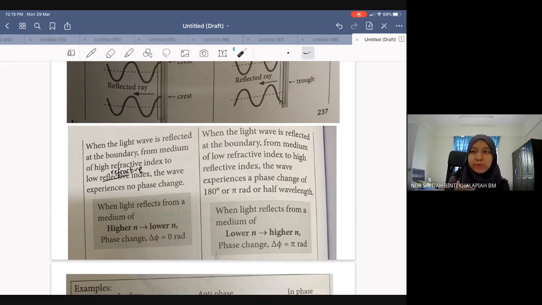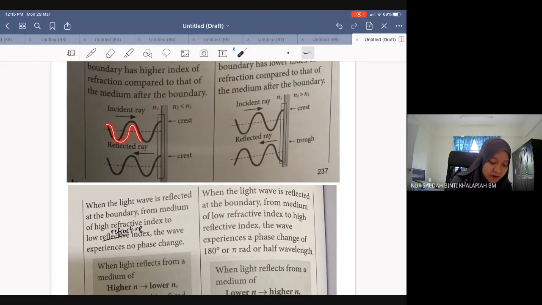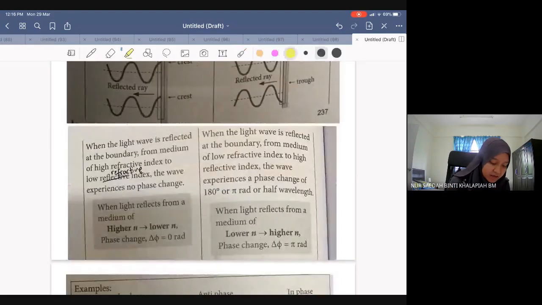Why? Because the incident ray touches the boundary at a crest and reflects also at a crest. So no phase change when light is reflected from higher to lower refractive index. The phase change is zero.